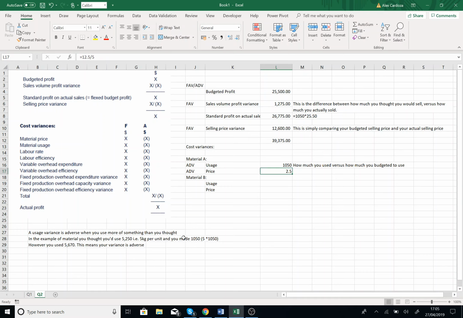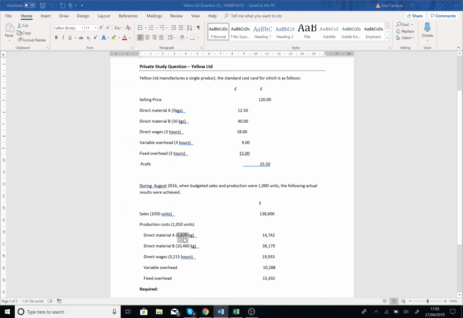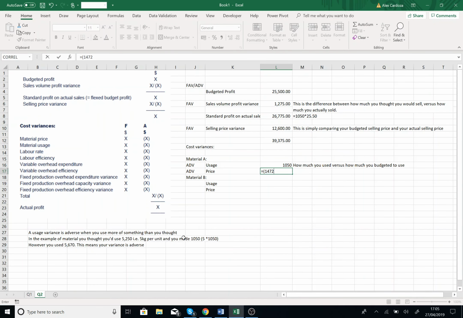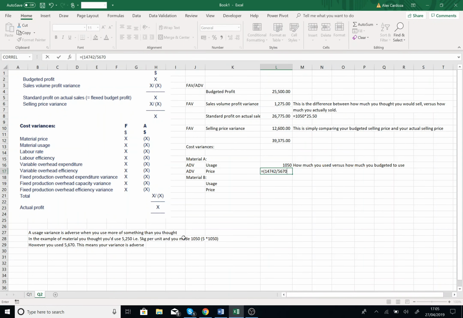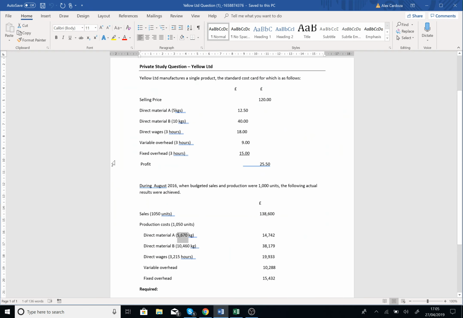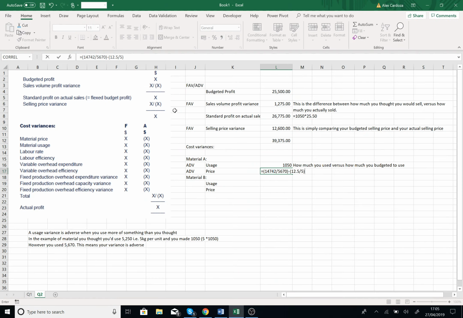So what we will do is open brackets, 14,742 divided by 5,670. Remember, that gives us a price per kilo, minus 12.5 divided by 5, because that's our standard cost card. So that is our adverse variance of 0.1.